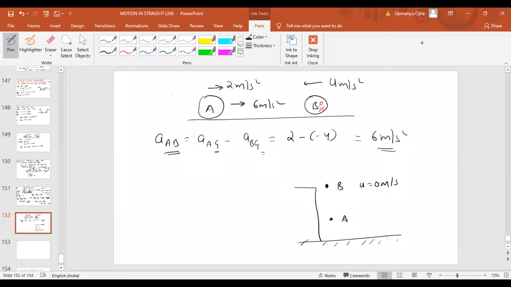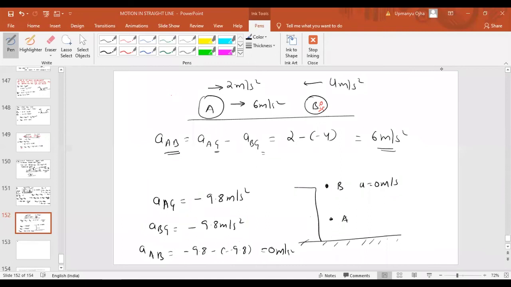Very good. Why 0? Because the acceleration of A with respect to ground is minus 9.8 meter per second square. The acceleration of B with respect to ground is minus 9.8 meter per second square. So the acceleration of A with respect to B is minus 9.8 minus minus 9.8, which means 0 meter per second square.